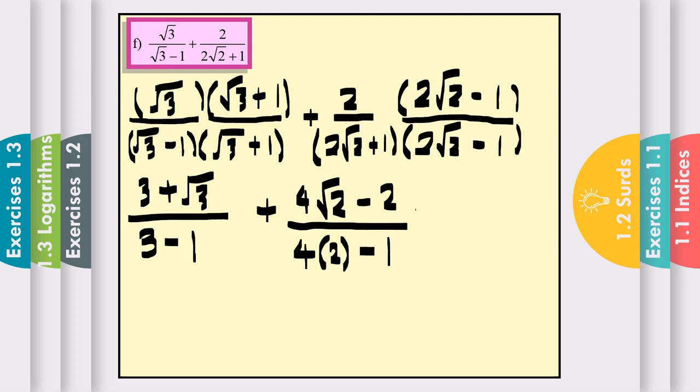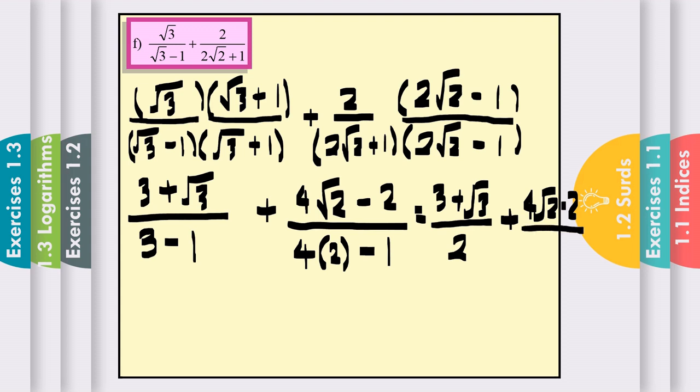Then we try to simplify. 3 plus square root 3 over 2 plus 4 square root 2 minus 2 over 7.